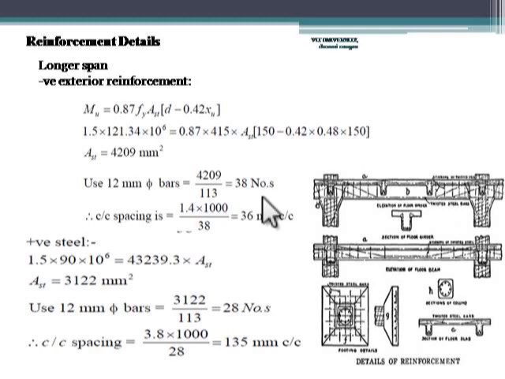Reinforcement detail. For longer span, negative exterior reinforcement, we got this formula from annexure G. So we got Ast as 4209. We are using 12 mm dia bars, and the spacing we got as 36 mm center to center, and then positive steel Ast 3122 mm square, center to center spacing we got 135 mm.